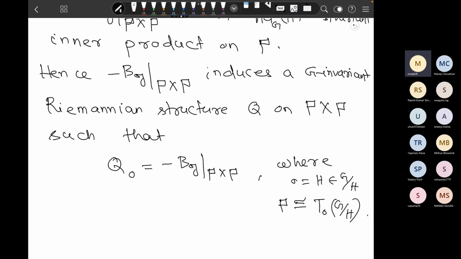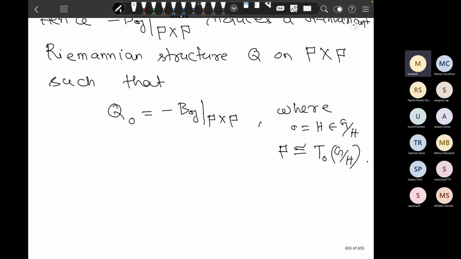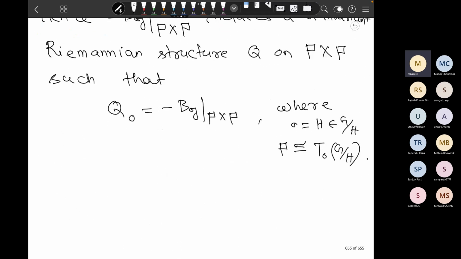Under that identification, I am saying that Q_o is equal to minus B_G restricted to 𝔭 × 𝔭.